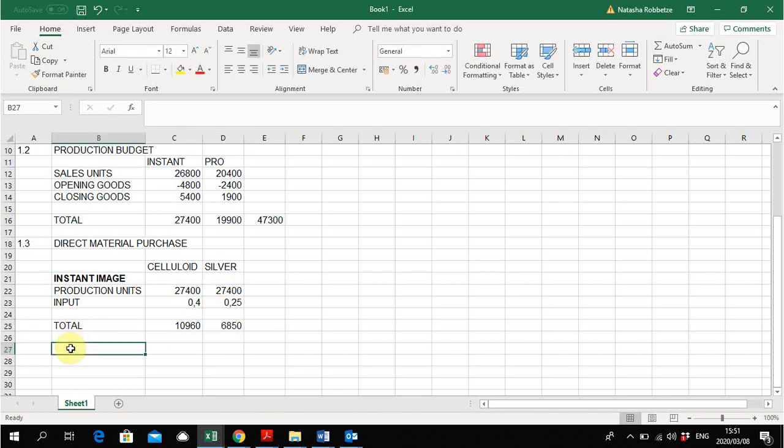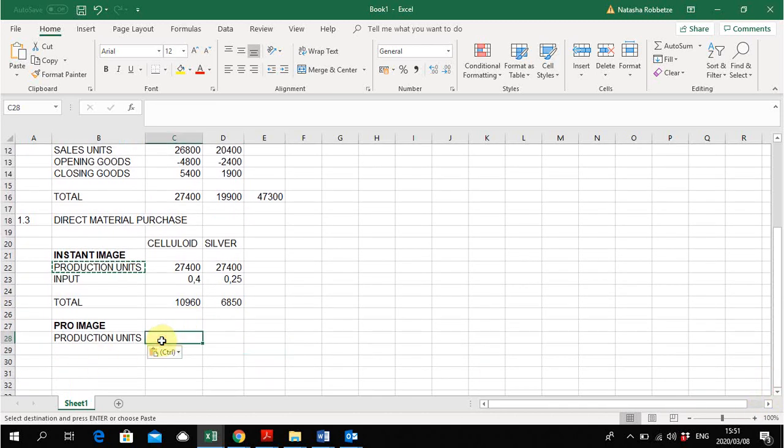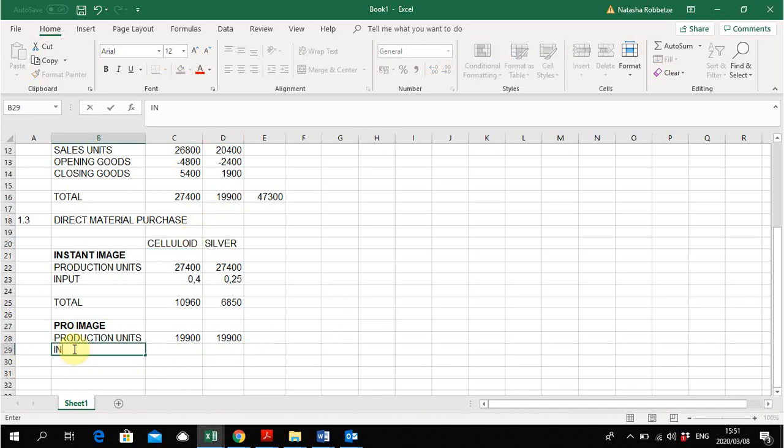Right, our next product was the Pro image. And again, we're going to start with the production units. And we calculated the production units to be 19,900 for this one. I will then again multiply by the input.